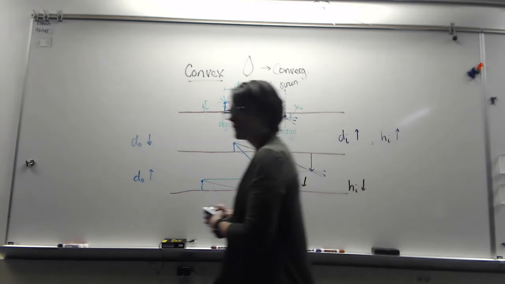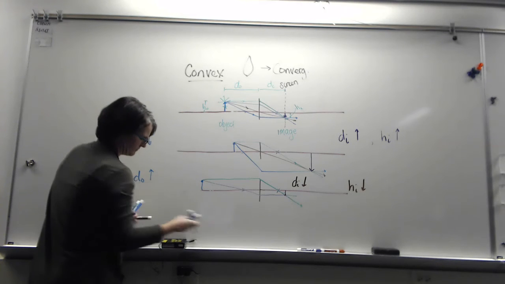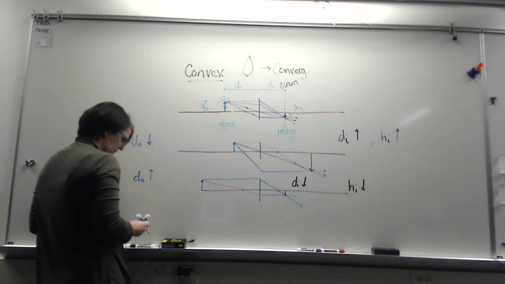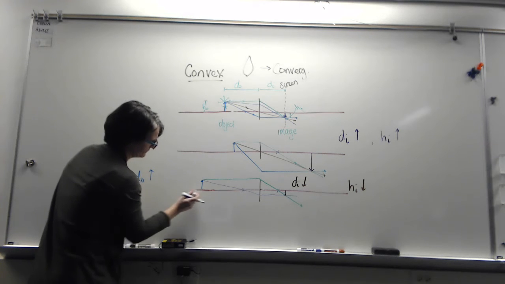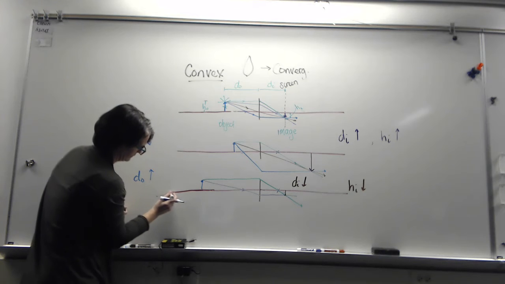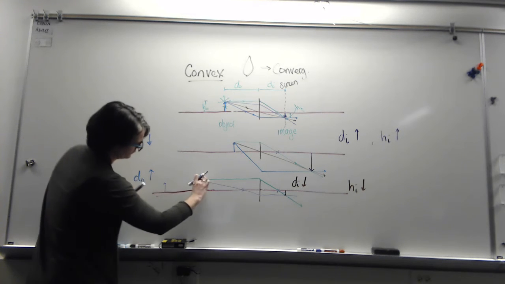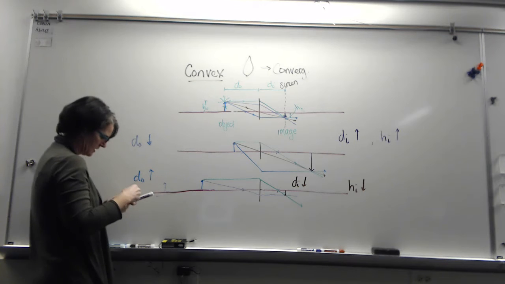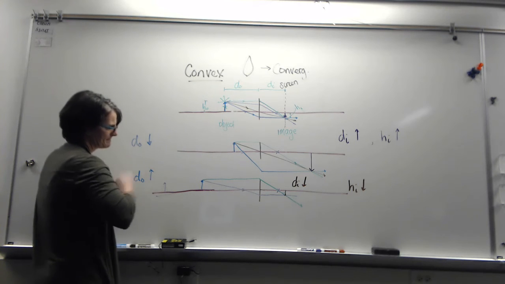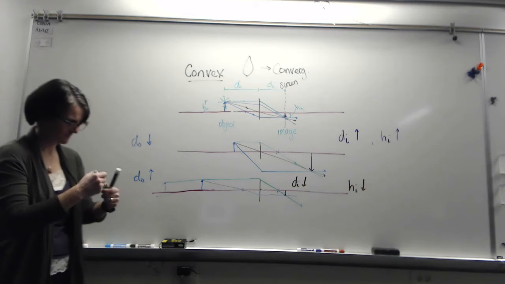So to just verify that for you, I'm going to take this ray of light. I'm going to take out this object and I'm just going to move it even further back. This ray of light doesn't change because a parallel ray is a parallel ray.